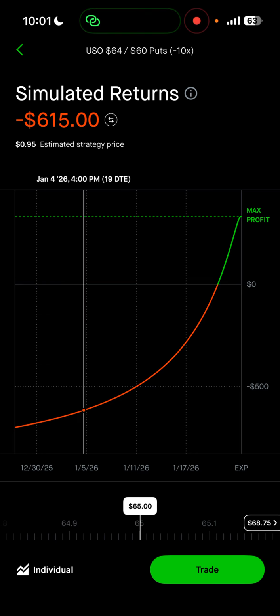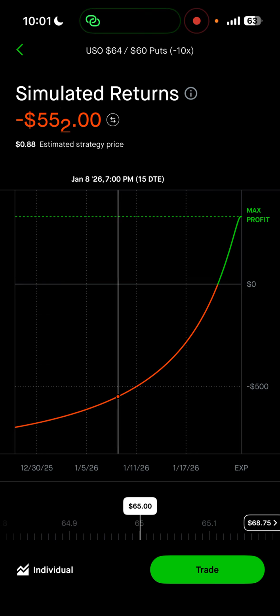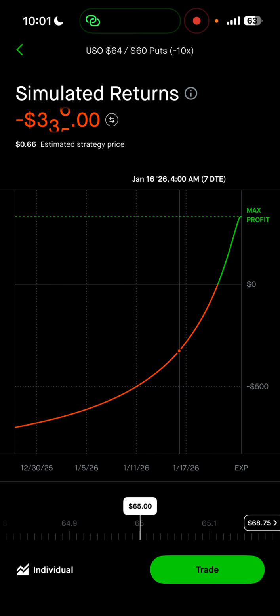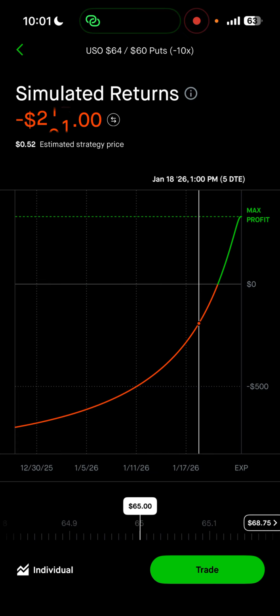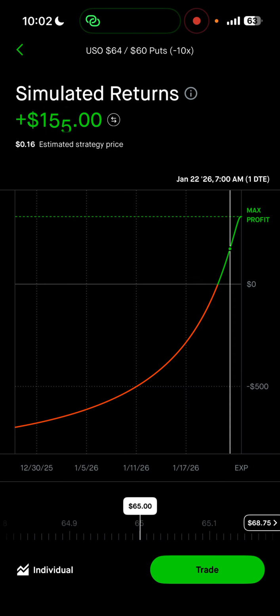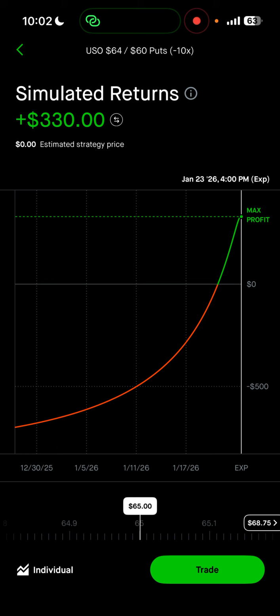But if it stayed at 65, which it wouldn't, but in this example, through theta decay, through the time that we still have left on the trade, eventually it would flip to profitable, and you'd be able to close it out at that max profit.